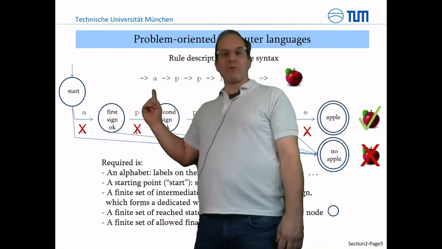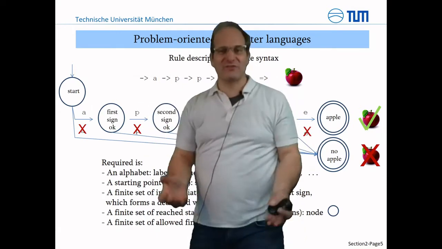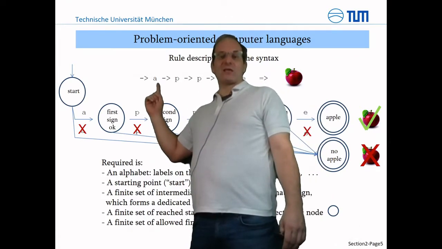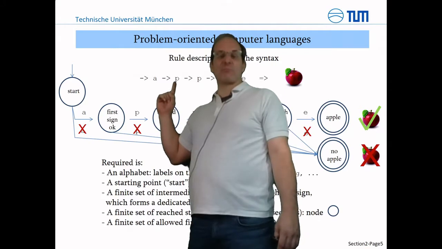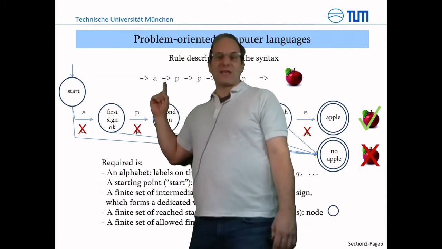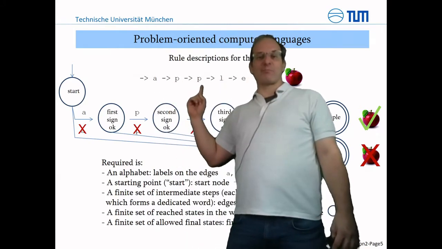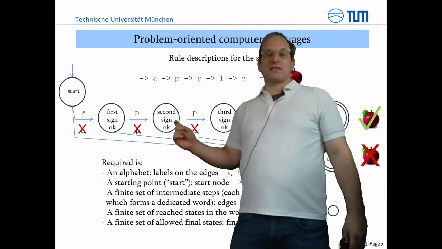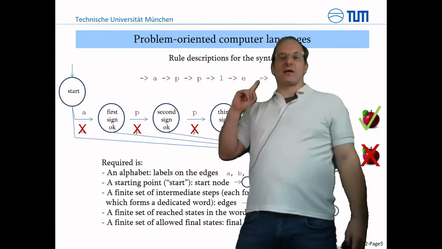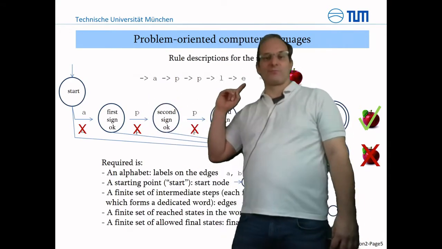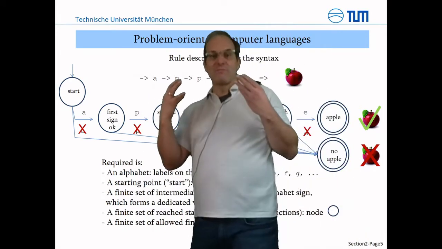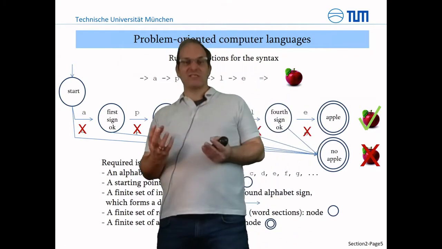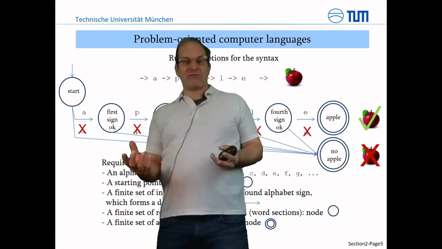The apple must start with A, but there are several other words which start with A. So the next character is a P, and the next character is again a P, and so on. So you have a combination like this, and it is directly something like a graph. And therefore the main important part to represent languages are graphs and graph theory.